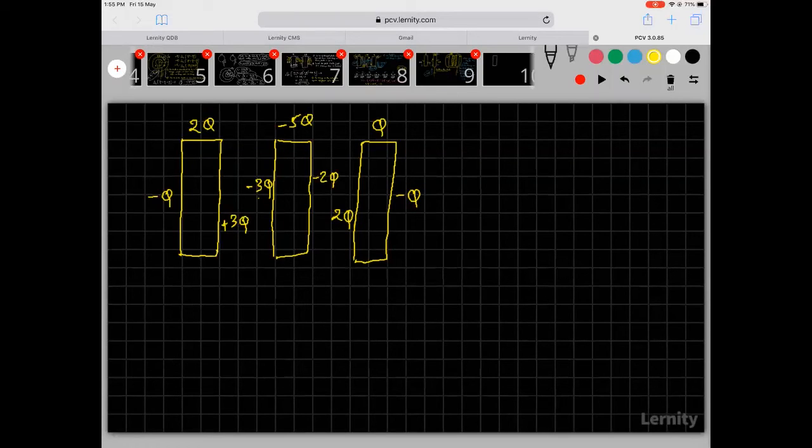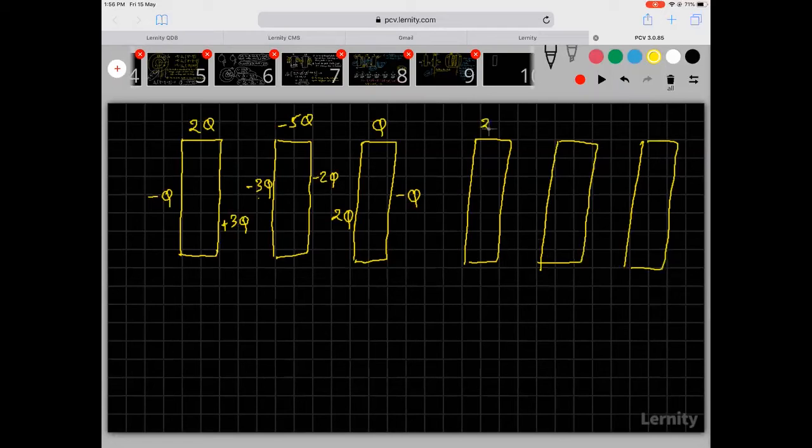Okay. Now, suppose this is 2q, this is minus 5q, this was q before. Now I am earthing the central plate.